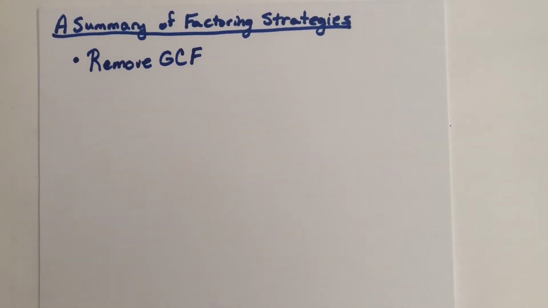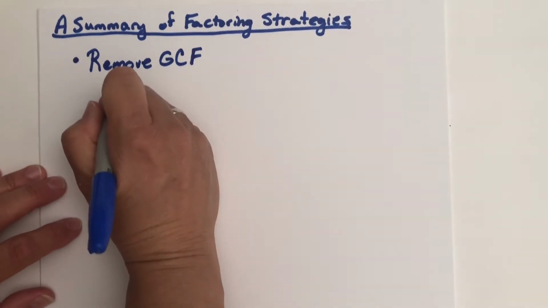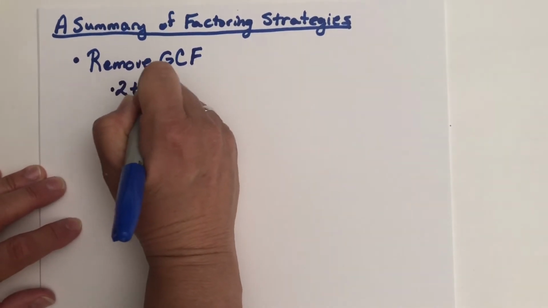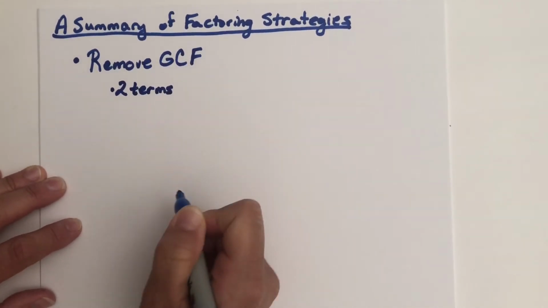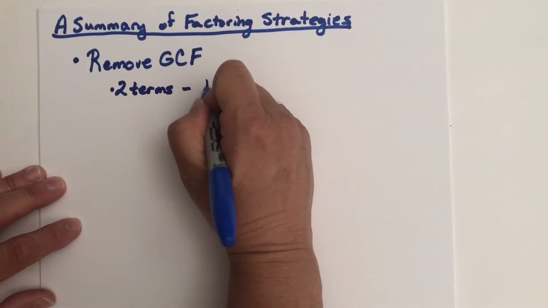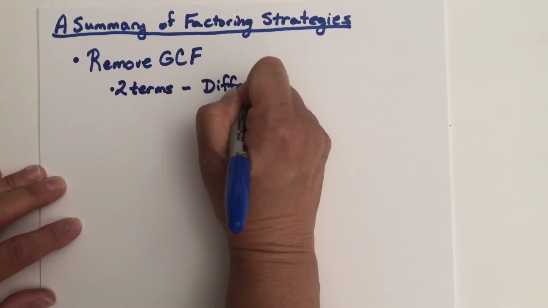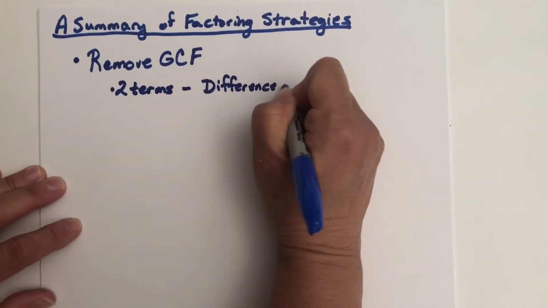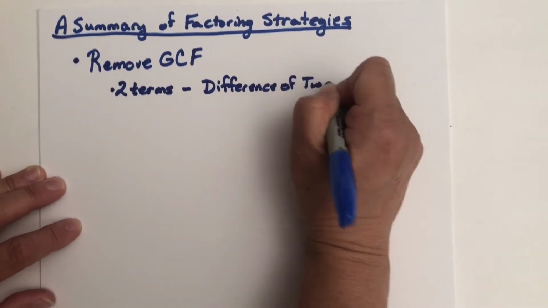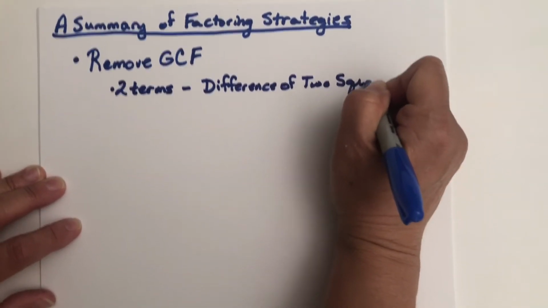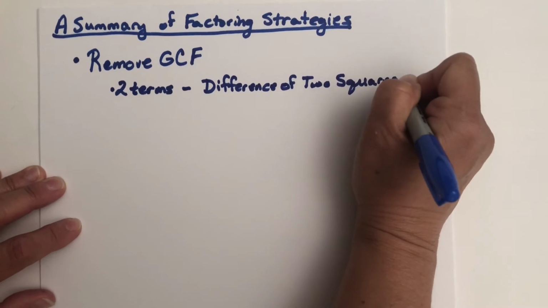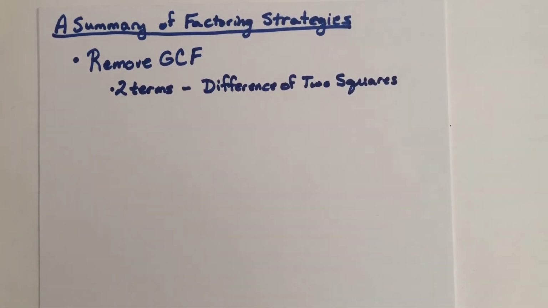Then when we're using our basic strategies, we determine what to do based on how many terms we see. If you have 2 terms, you'll look to see if you have the difference of 2 squares. And of course, if you do, you should know to factor the expression into the conjugates.